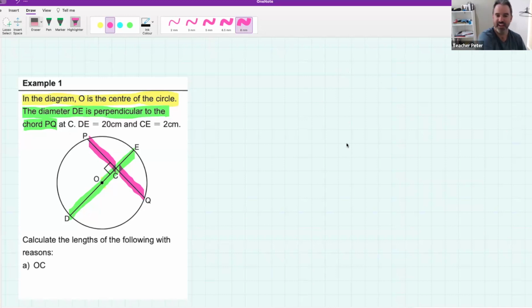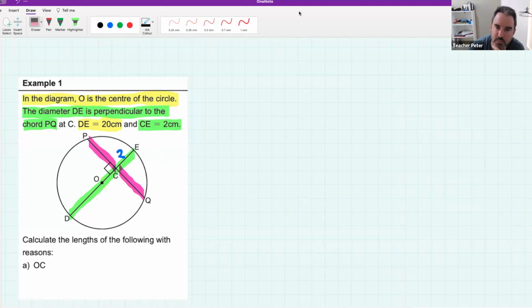Okay, so now it says we know that DE is 20 centimeters, and we know that CE is 2 centimeters. So let's put C is 2, and DE is this long diameter. It seems to be 20.